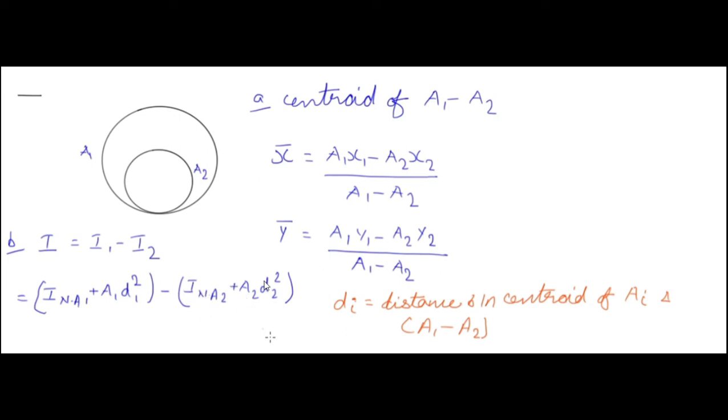So I in A2 is the area moment of inertia about the neutral axis of this area 2, and d is the distance between the centroid of area A1 and A1 minus A2, means d1 is equal to the distance between the centroid of area A1 and composite section A1 minus A2, and d2 will be the distance between the centroid of A2 and composite section A1 minus A2.